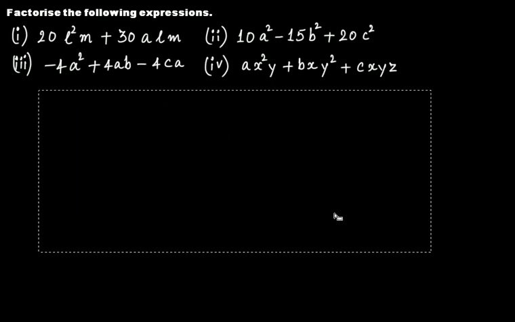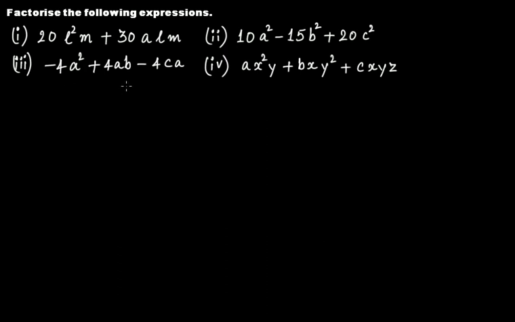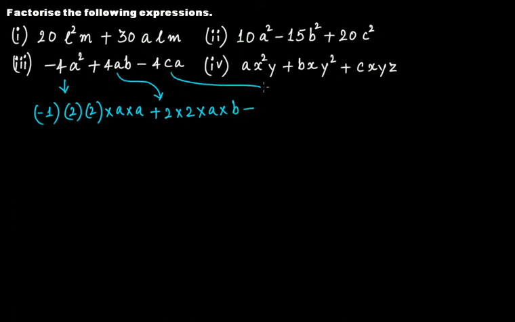Now in this next case, you have minus 4a squared plus 4ab minus 4ca. Okay, now we can write this as minus 1 multiplied by 2 multiplied by 2 multiplied by a multiplied by a, and this one as plus 2 multiplied by 2, that is the prime factor form of 4, multiplied by a multiplied by b, then minus this one as 2 multiplied by 2 multiplied by c multiplied by a.